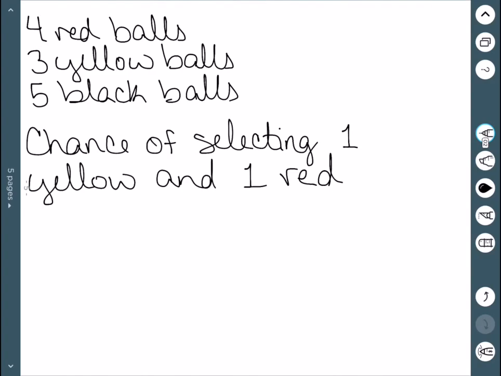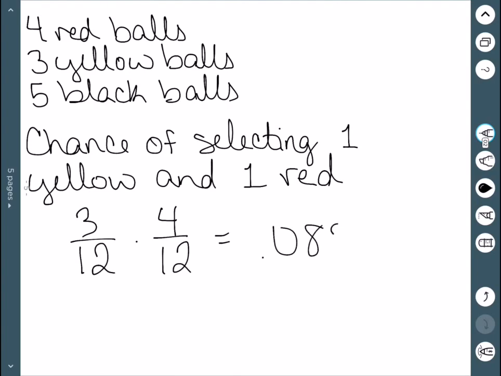Finally, we'll look at the chance of selecting 1 yellow ball and 1 red ball. We have a chance of 3 out of 12 to select a yellow and 4 out of 12 to select a red. And when we multiply these, we'll get 0.083, or 8.3%.